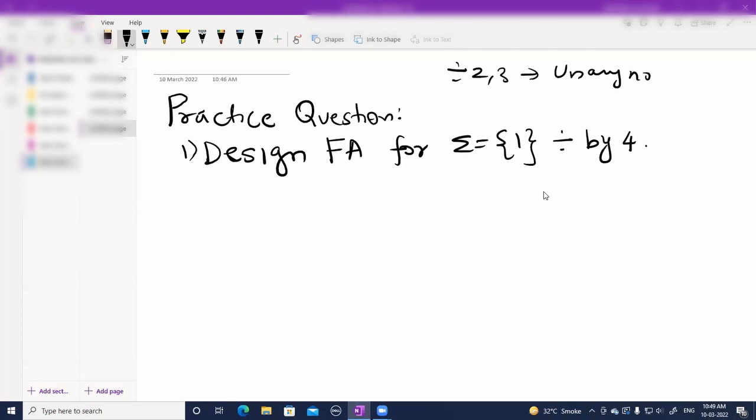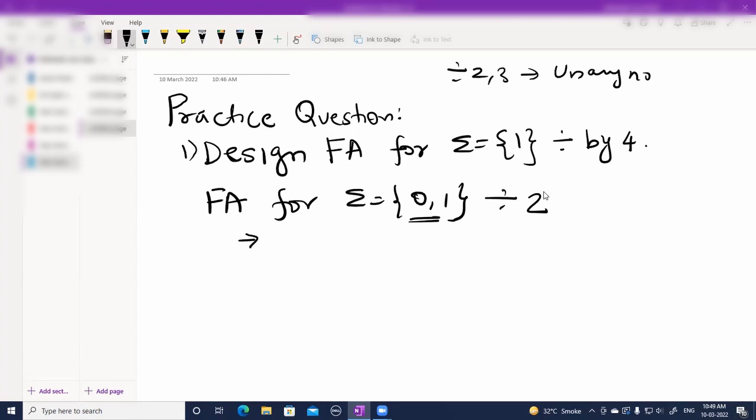Now today's question is, we are going to design finite automata for the binary number system divisible by 2. As this is a binary number system, it will always contain 2 symbols, that is 0 and 1. So we will first solve it by the mathematical method.